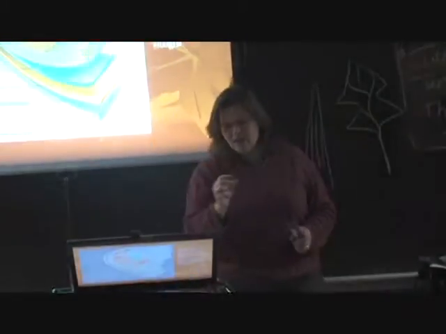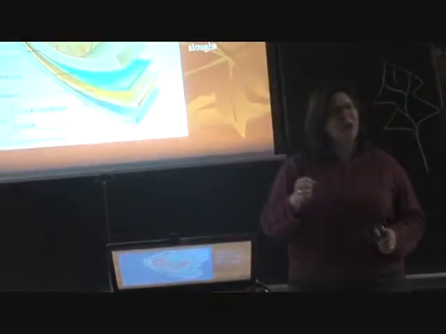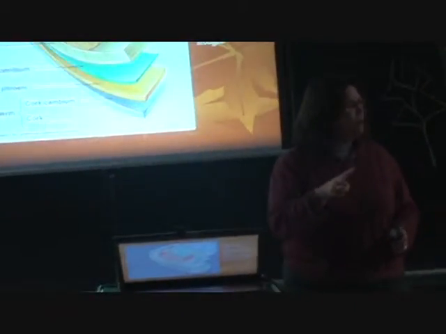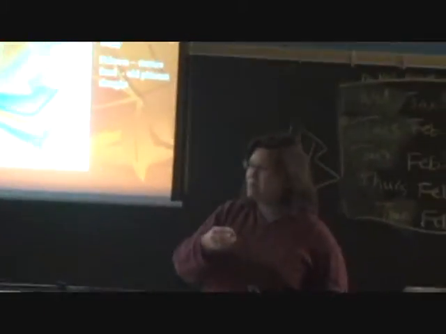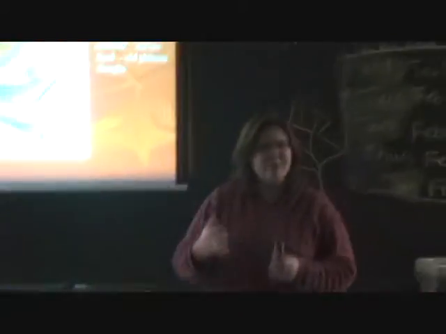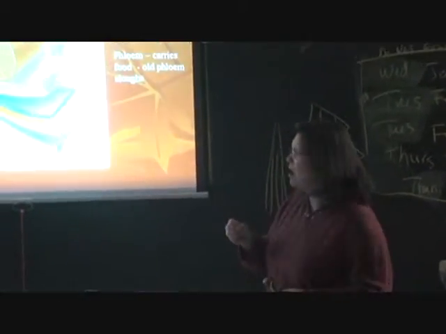But what happens is the xylem is two kinds of cells. They have names, tracheids and vessel elements, but the bottom line is that they're hollow, dead sclerenchyma. So they don't really have cell parts anymore, and so they're great for transporting because they're hollow.